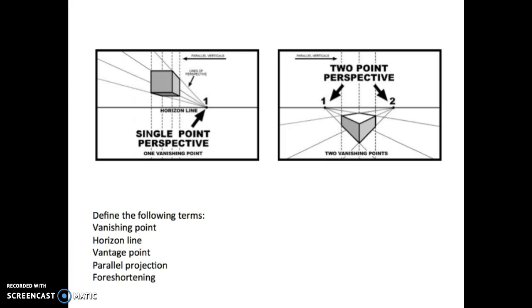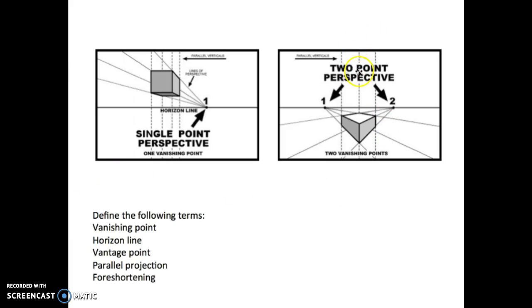Another way of saying this is that in two-point linear perspective, parallel lines along the width and depth of an object are represented as meeting in two separate points on the horizon line that are 90 degrees apart as measured from the common intersection of the lines of projection.